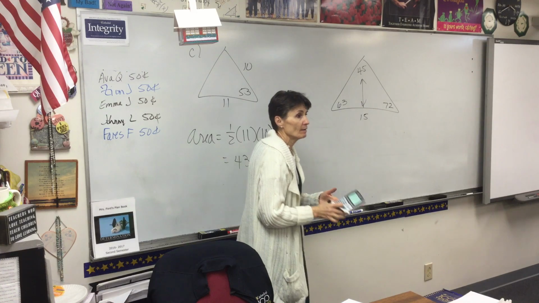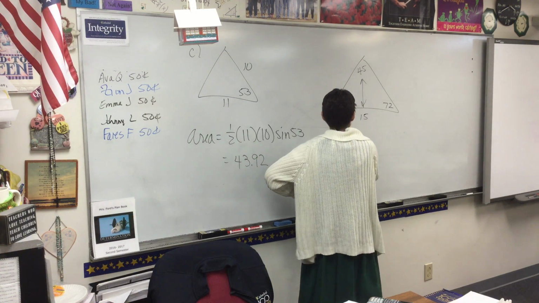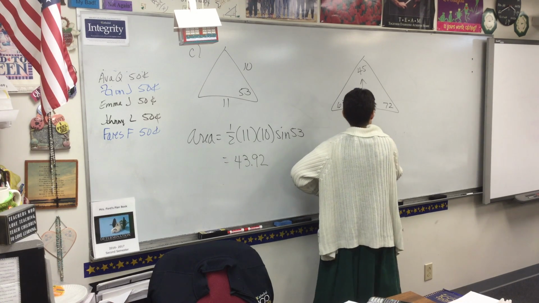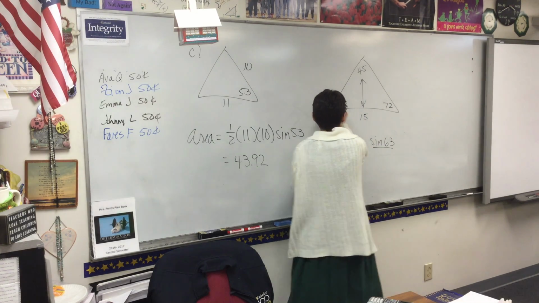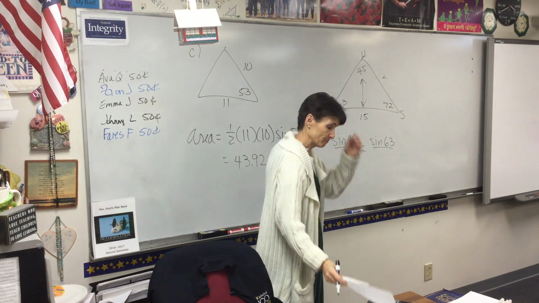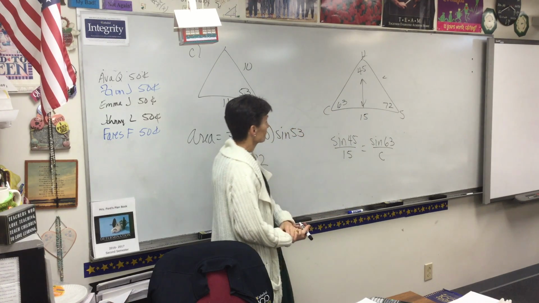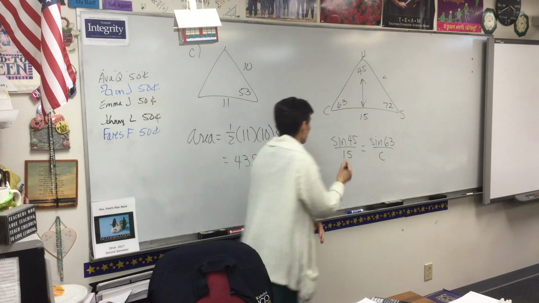The law of sines. So sine 45 over 15 equals sine 63 over c. So here we go.